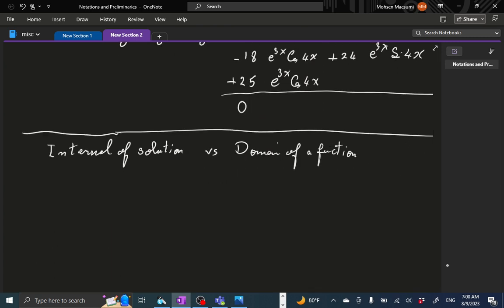Well, domain of a function, you remember from your pre-calculus, and you practice that in calculus as well. Let's pick on a simple example. y is equal to 1 over x minus 3.